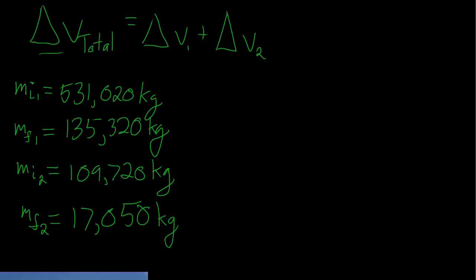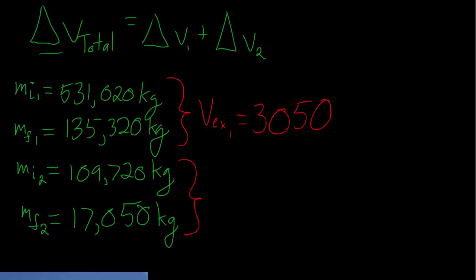Now, we have to take into account one very big key, which is that the exhaust velocity is not the same. The exhaust velocity in stage 1 and stage 2 are different. The calculated exhaust velocity in stage 1 is 3,050.91 meters per second.